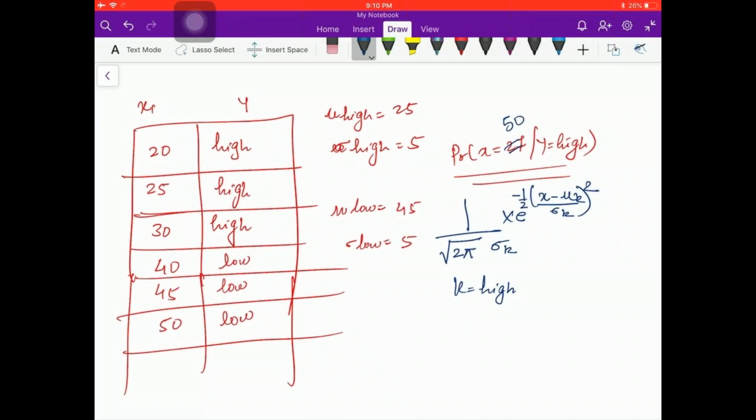So mu and sigma we have got. So 50 minus 25, over sigma, which is 7.